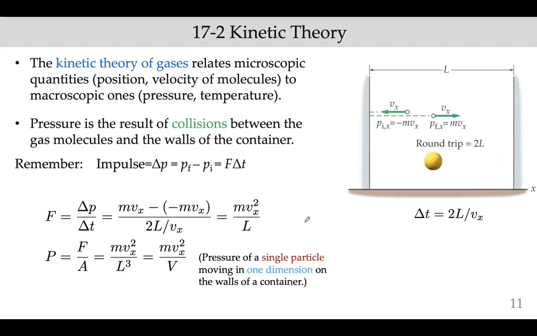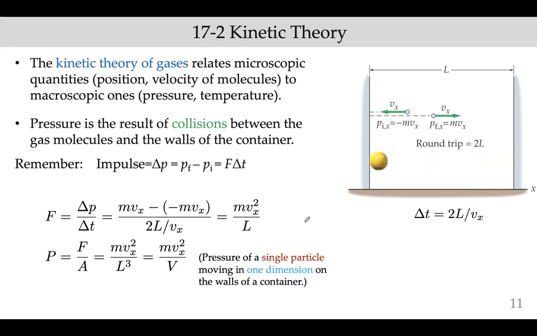Okay, now let's move to the kinetic theory of gases. All we talked about until now was thermodynamics, thermodynamical variables like pressure, volume, temperature, but those values become a reality because of the movement of the individual molecules.